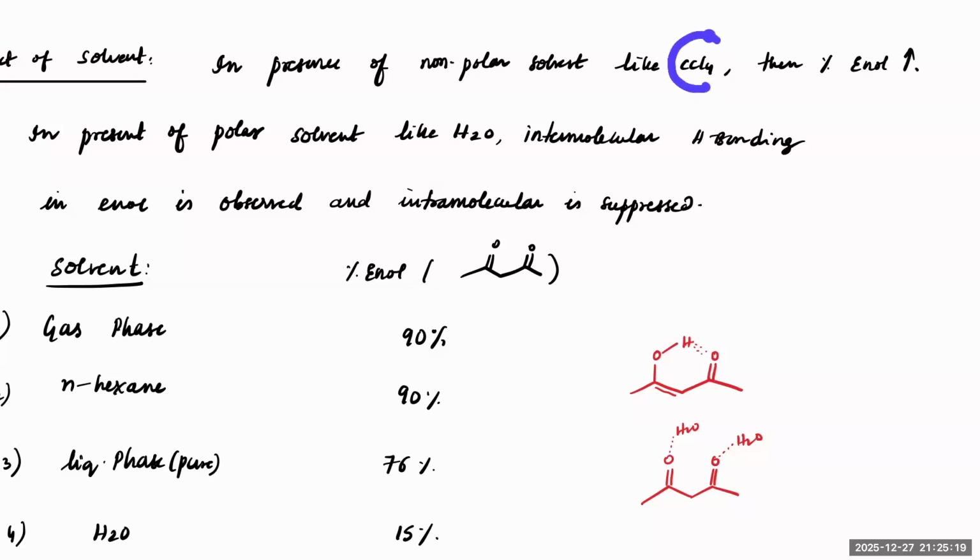Because the more non-polar the solvent, the hydrogen bonding or any conjugation that happens in the enol form will only stabilize it. But in the presence of polar solvent, the hydrogen bonding or any conjugation is not going to help, because even the ketone will be stable in the presence of polar solvents.